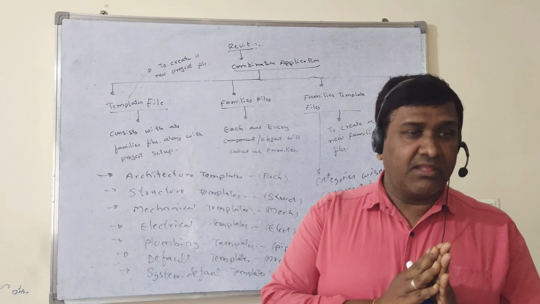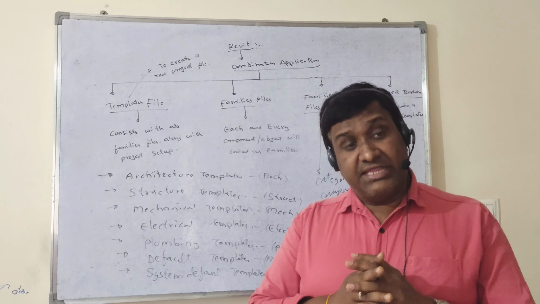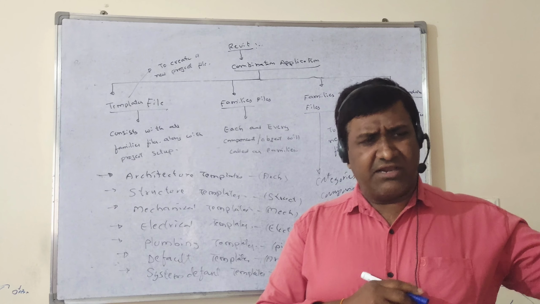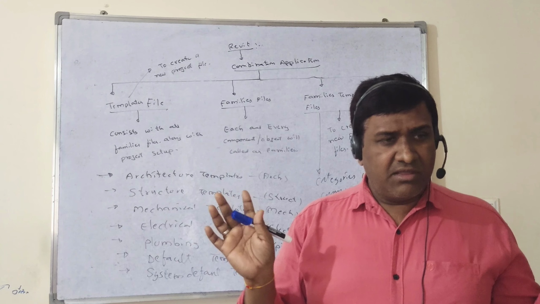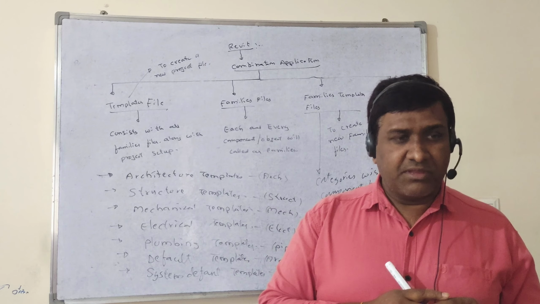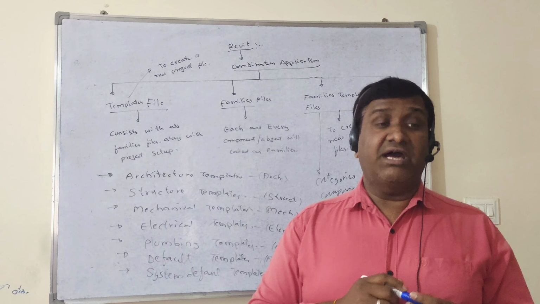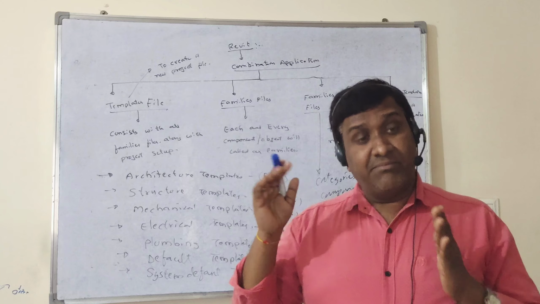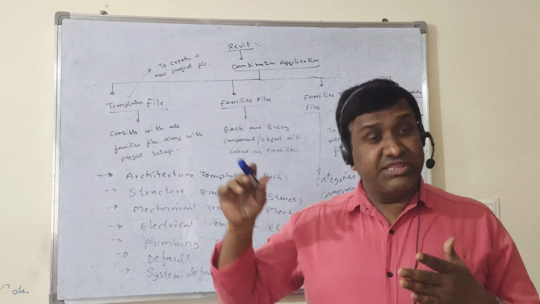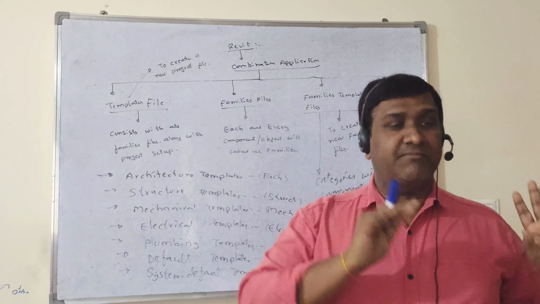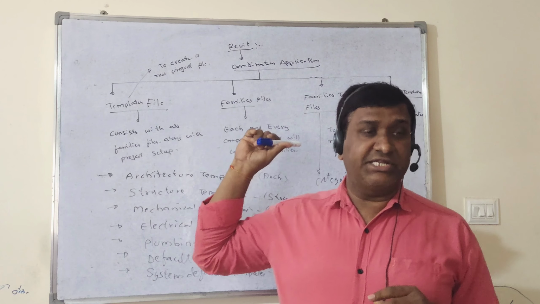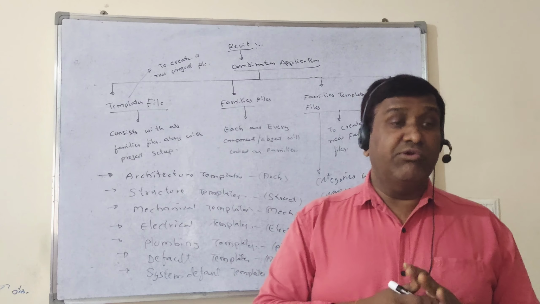But some companies will not be satisfied with that template, because that template is basic for starting the project, and they are not ready to use it. So some companies create this type of template separately, their own creation. At that time they have to go to project template and create a new template.